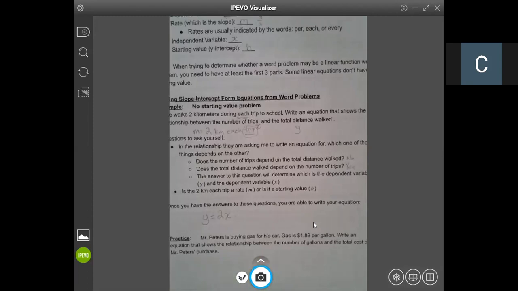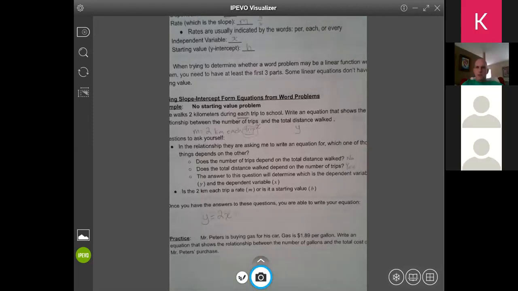And then again, if you recognize the rate, the thing that it is per or each or every is also going to help you identify the independent variable, the X variable, okay? So go ahead and give that a try. Give you a minute or two here.